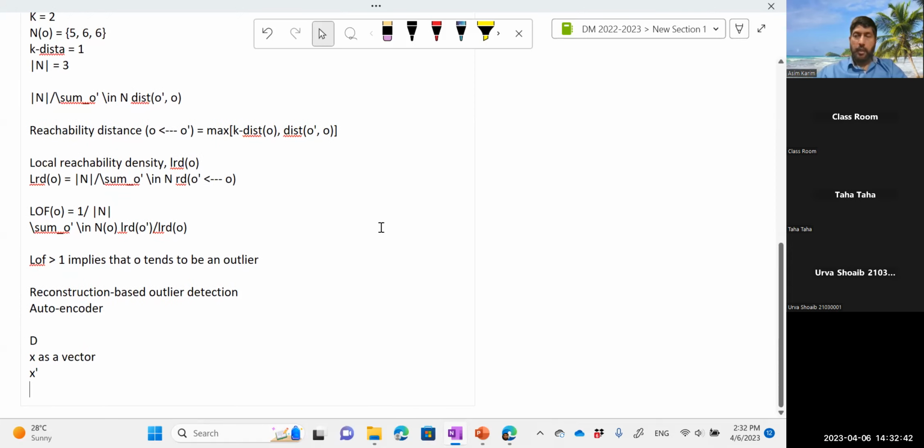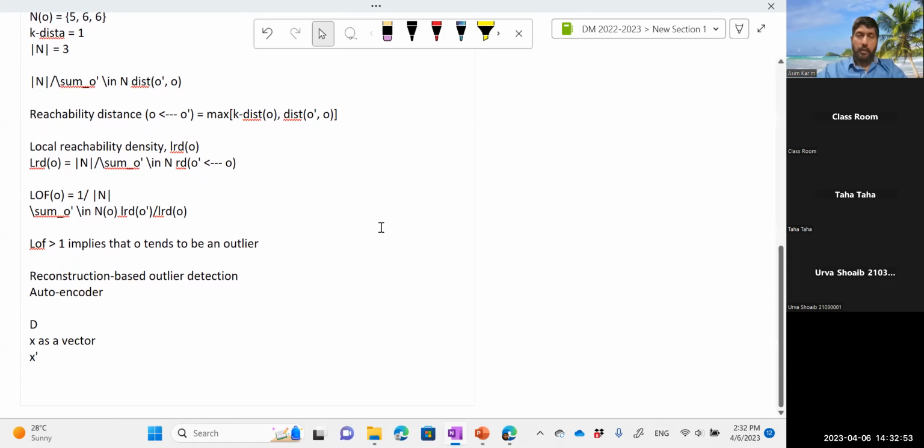So X prime is the represented form of this object X. You can say the encoded form of this object X. Okay. And then what we do is we compare the actual object and the reconstructed object from the model. If the difference is large, of course, you will have to quantify this difference. Usually it's a norm. Then you can say that this would be an outlier.